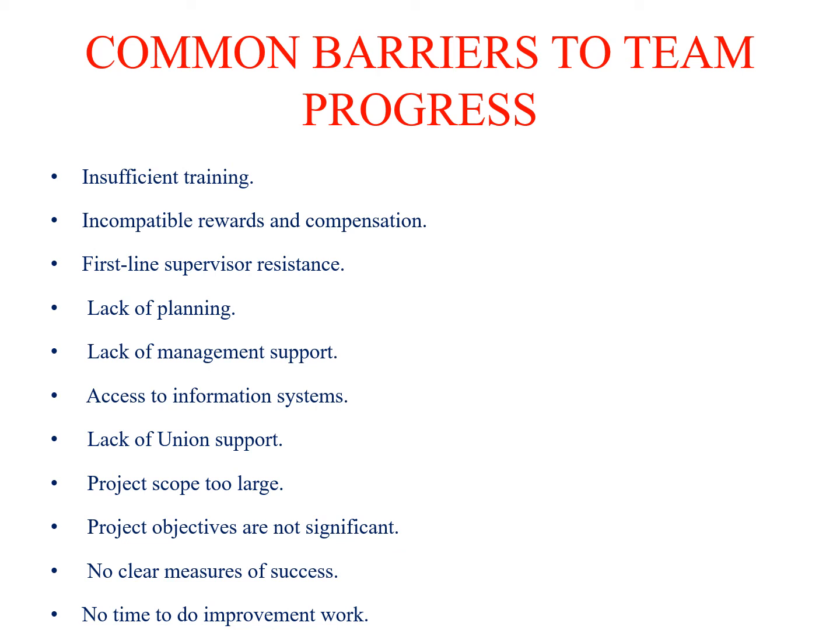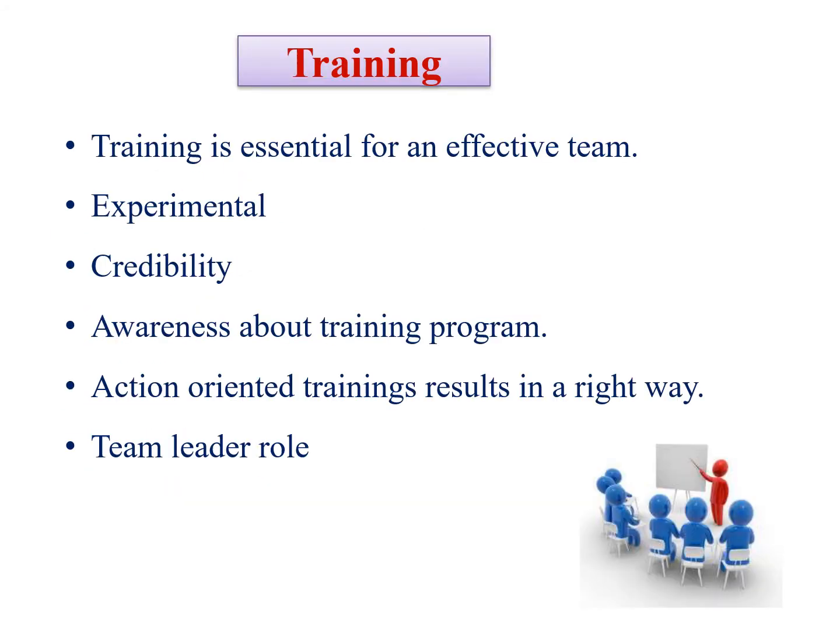Individual departmental politics interfere with the team's progress. Management has to give proper team resources in order to get team progress in any organization. This is about common barriers to team progress.